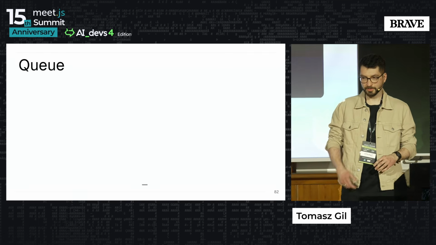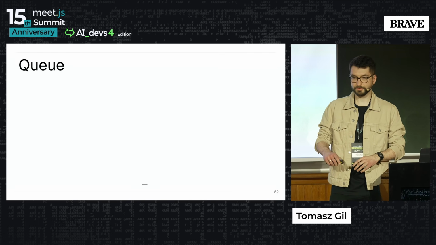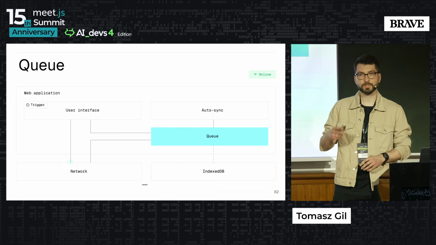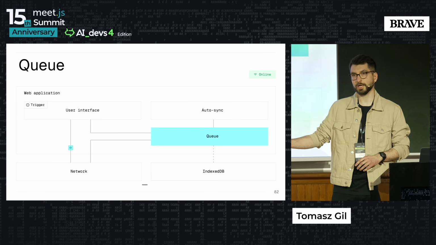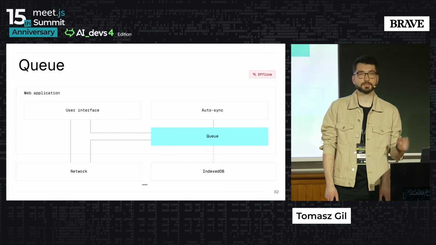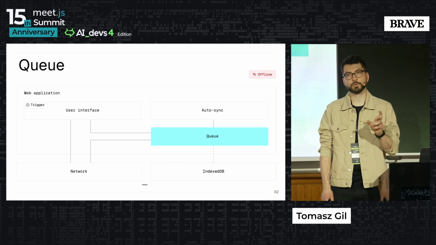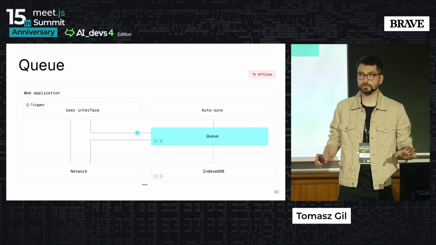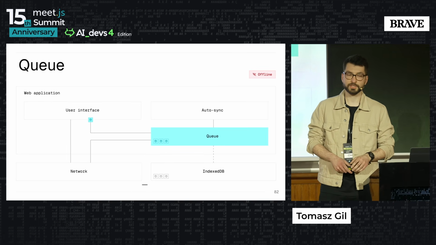And with all of this, here is how it comes together. The user is online, they make a bunch of changes, they go straight to the network. We call our API. When they disconnect, they can still make changes, but now we will store them in the queue as pieces of data. We don't want to lose it, so we will also persist it at IndexedDB.